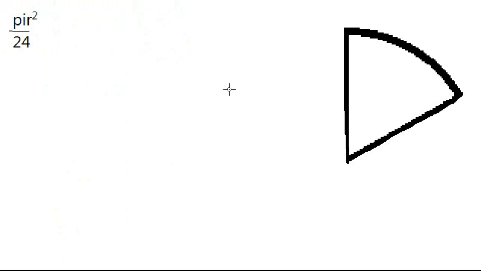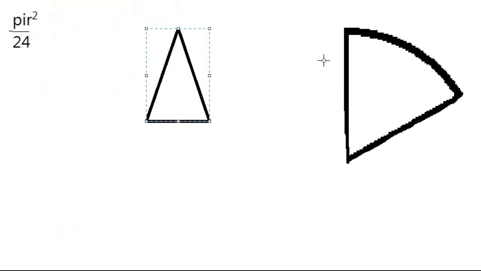Now, how do we find a triangle? This time it's a triangle because we have sectioned off half of the pie by chopping it like something like this, and we get this thing, and this angle is still pi over 6, and we need to find this length, and we want it to be in terms of this.